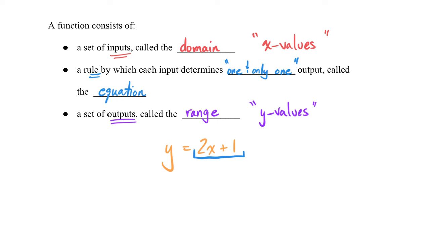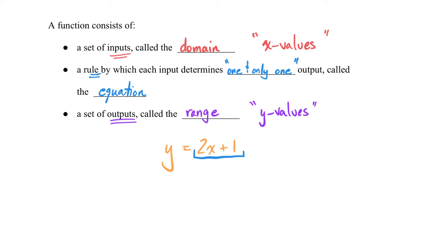Notice, my equation looks like 2x plus 1. That's my expression, but it's also my rule. What that rule would say is, take your x value, double it, and add 1. That's what that looks like as a rule. Double your x values, add 1.